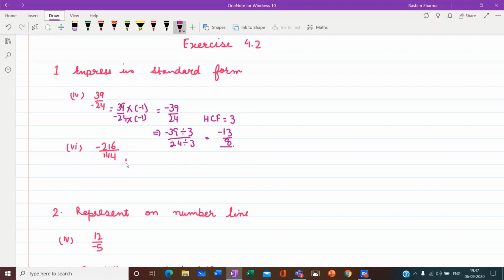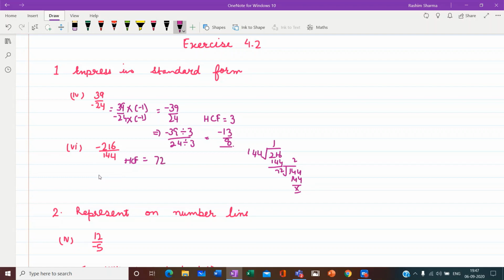So let us find HCF of both now. And you all know how to find HCF. So here when we divide, we get here 144 and here we get 72 and 144. So it means HCF is 72.